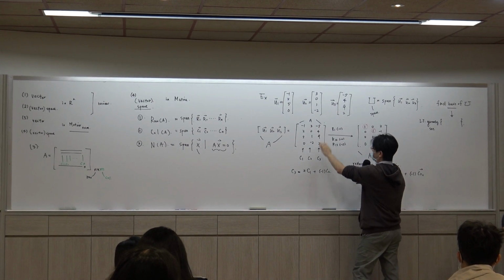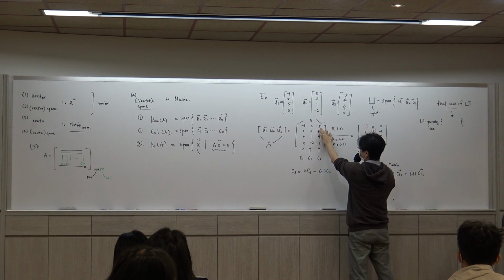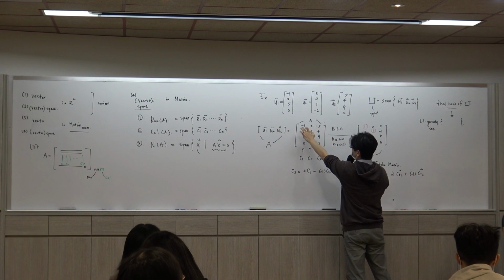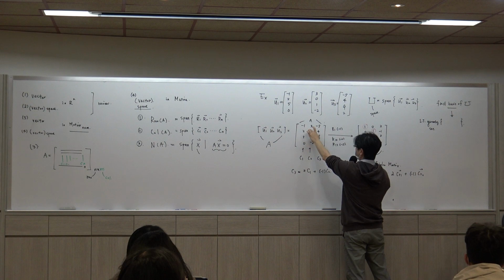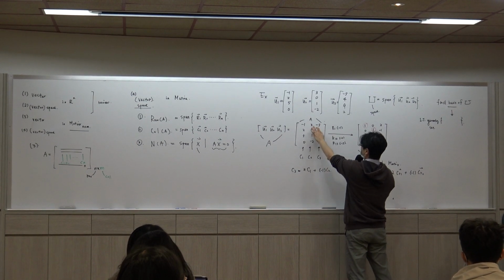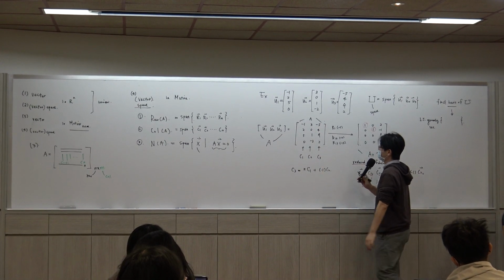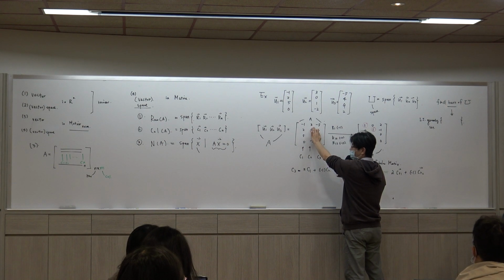So let's check. Minus 5 equals 2 times minus 1 plus minus 1 times 3, right?